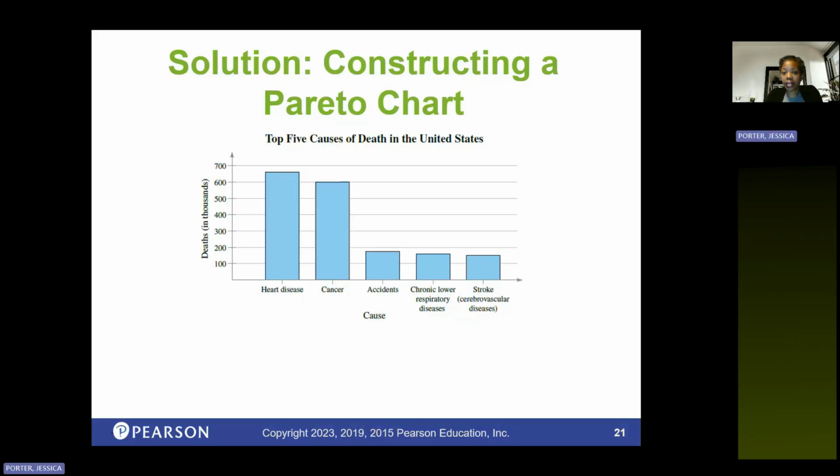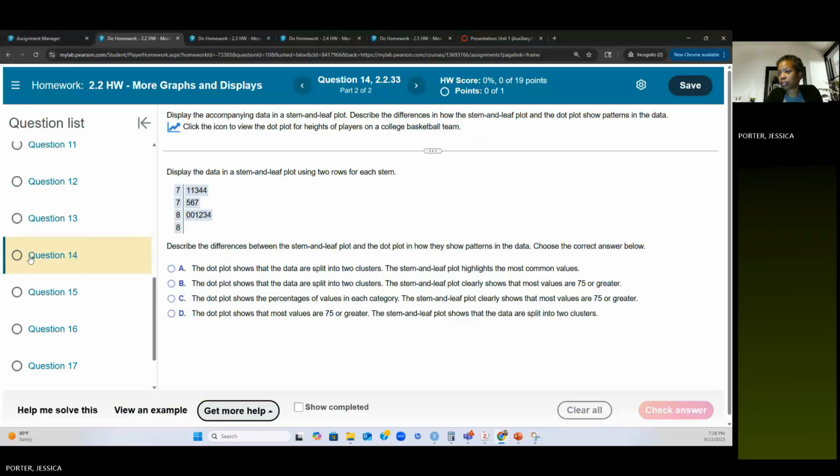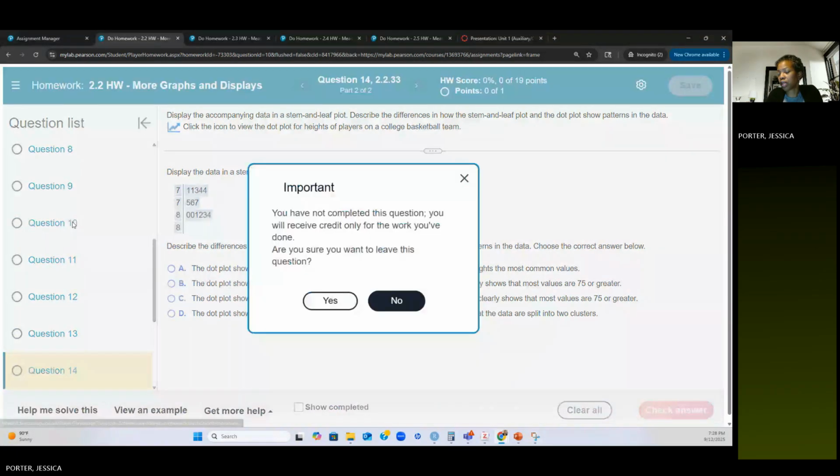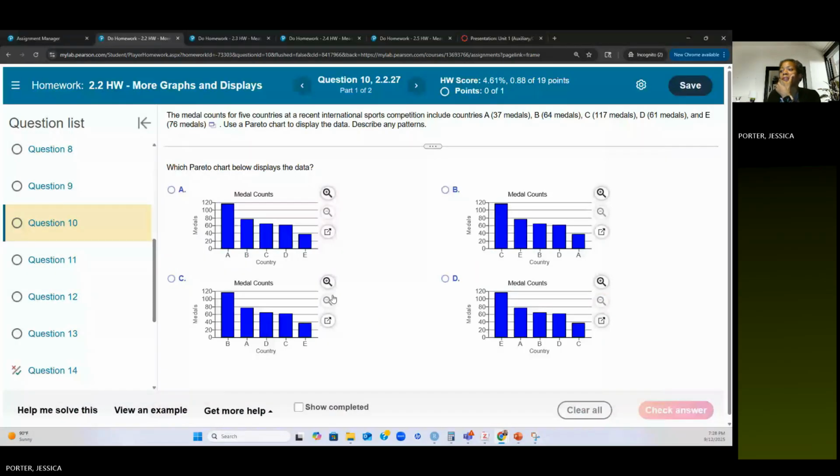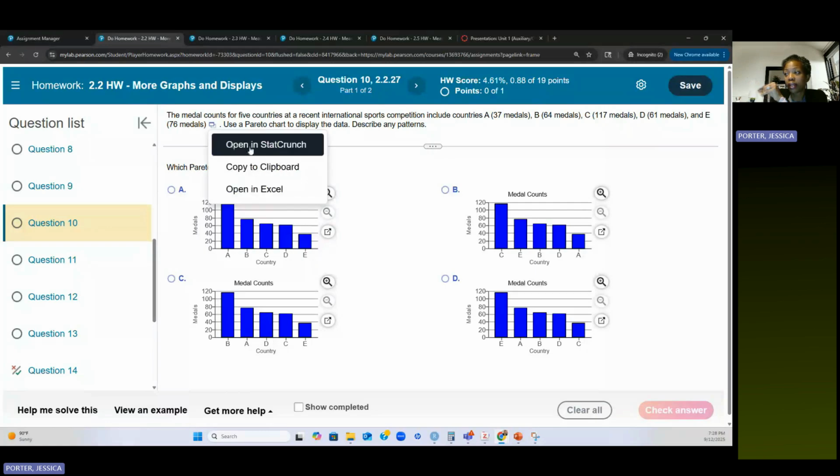So let's look at question 10. So here is a question that has this double window on it. The double window indicates that you can open it and then open in StatCrunch.